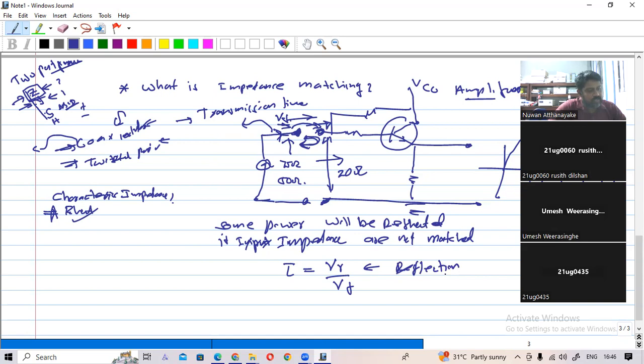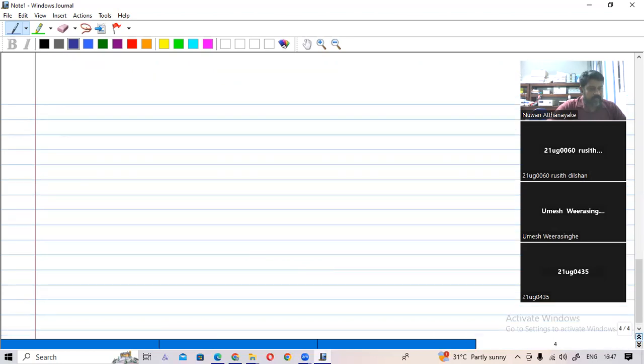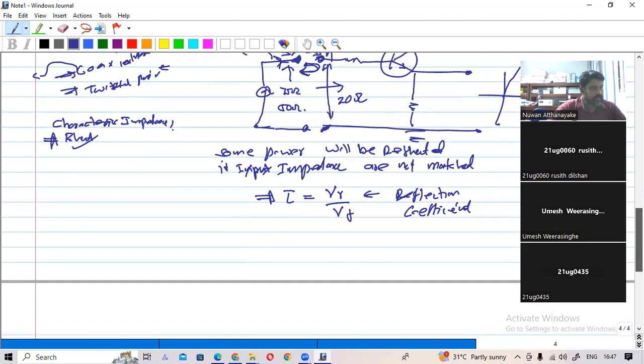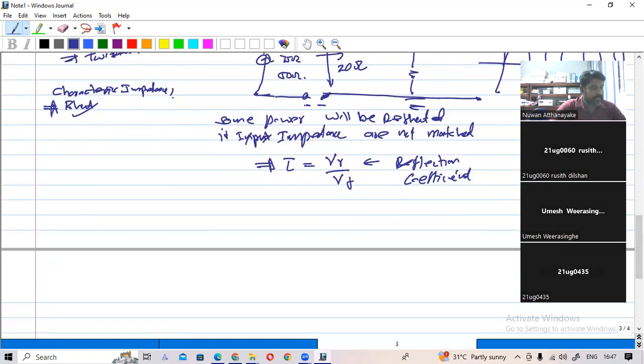This is the reflection coefficient. This reflection happens due to the impedance unmatching. Let's say the impedance here is Z1 and the impedance here is Z2.